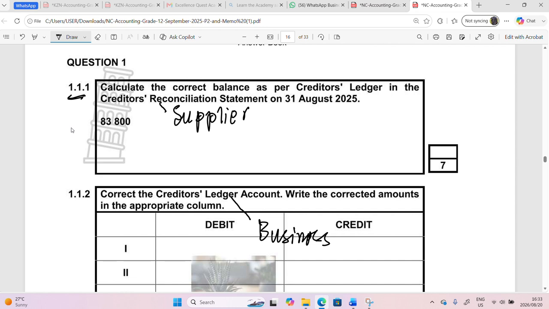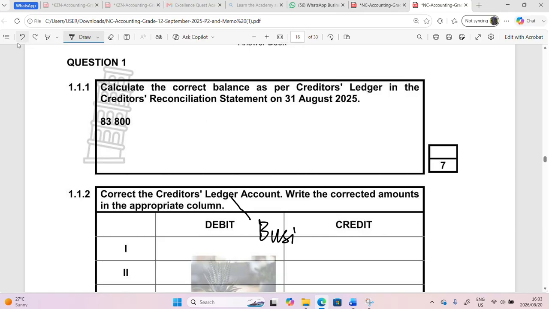Thirdly, there are those transactions that will affect both the creditors reconciliation statement and the creditors ledger. But mostly, mistakes from the supplier will affect the creditors reconciliation statement, 1.1.1 for our example, and mistakes from our side as a business will affect the creditors ledger. Once you understand those two points, you will forever understand the creditors reconciliation statement.